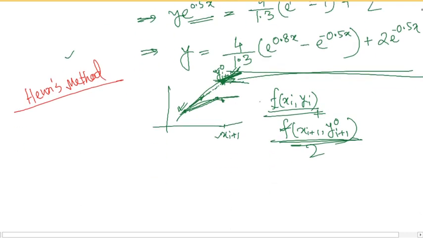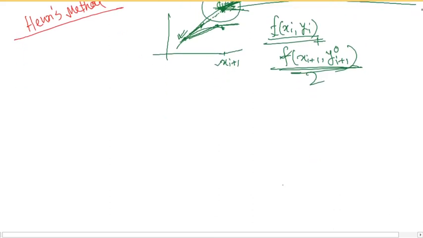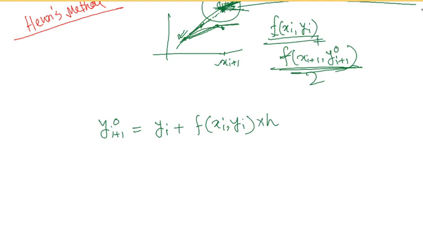Okay, so first thing is to obtain y not i plus 1, that is using the Euler method. So while performing Heun's method, I must also perform the Euler method. According to the Euler method, y not i plus 1 will be yi plus f of xi, yi multiplied by h.